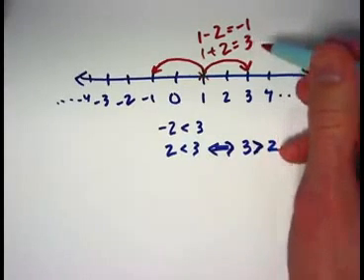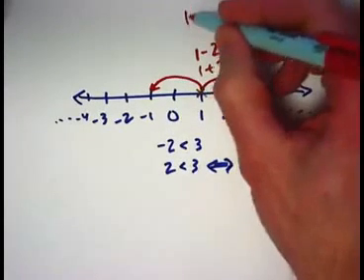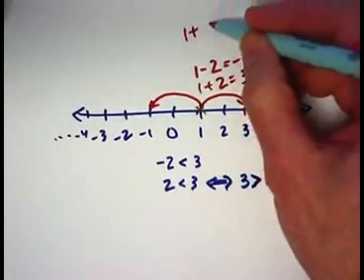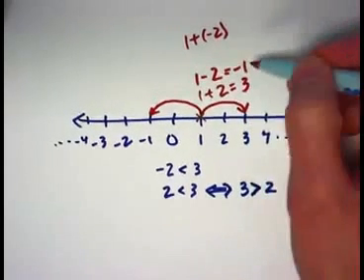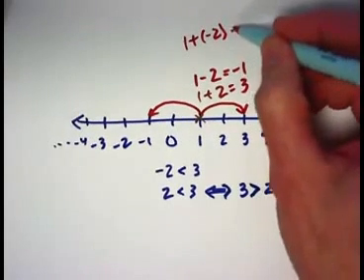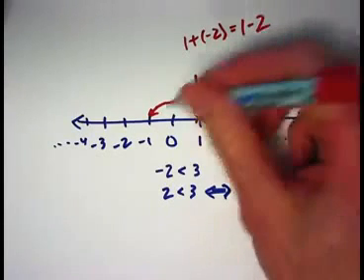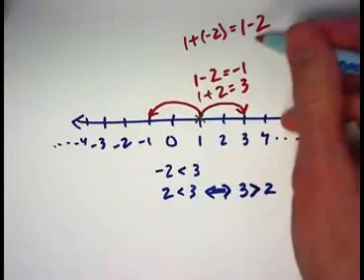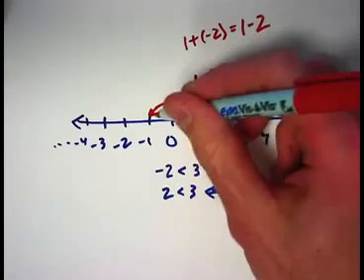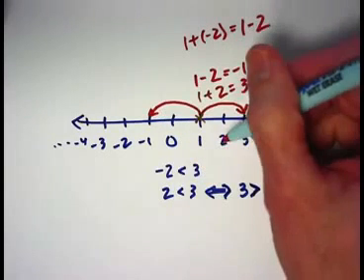What about negative numbers? If I add a negative, like 1 plus negative 2, well, remember, that's the same as subtracting positive 2. So adding a negative, since it's the same as subtracting a positive, is like moving to the left that many units, in this case 2 units.